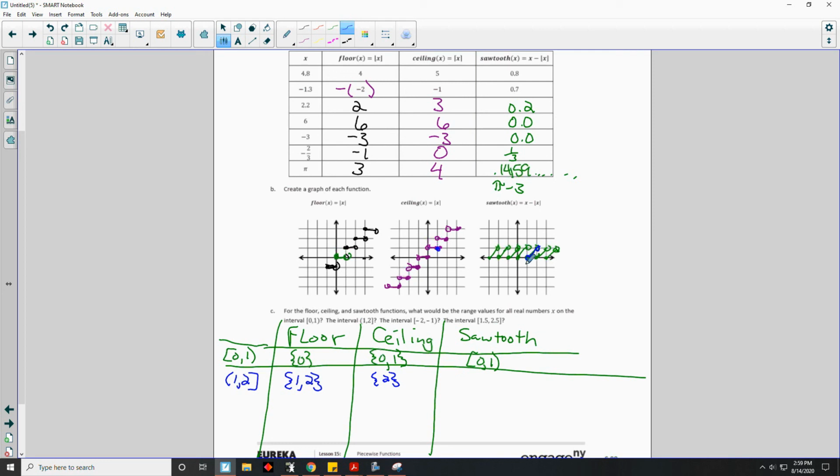So we're not including 0. We're going to start just above 0. So this would be open, 0, comma, 1, open. We're not including the bottom or the top because we're not including 1 here. And 1 is the point 1, comma, 0. But we're not including 1, so we can't include 0. So that's why this is open and not a closed bracket like up here. Okay, so that's that one.